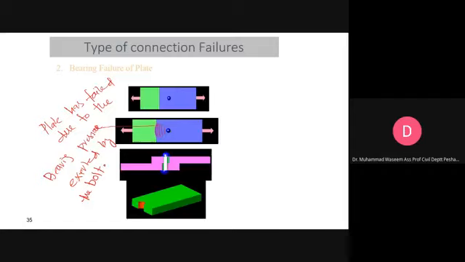So in this case the bolt will not shear. The plates will be moved, the bolt will be intact. You can see this green part, the plate has failed in bearing.